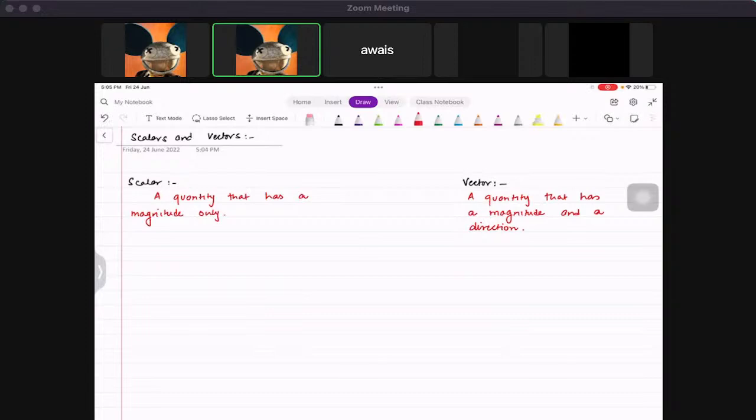So basically we have some list of scalars that we should know: distance is a scalar, time is a scalar, speed is a scalar, mass is a scalar, energy is a scalar, even temperature is a scalar. Because all of these have just the value, they do not have a specific direction.